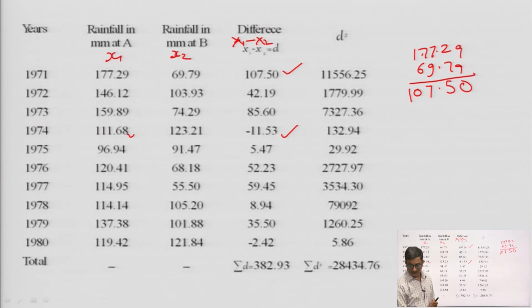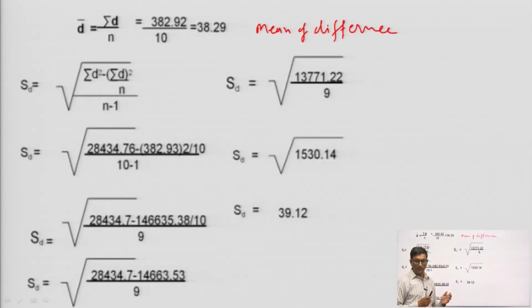So, we put the value of summation d square, 28,434.76, minus 382.93 whole square.